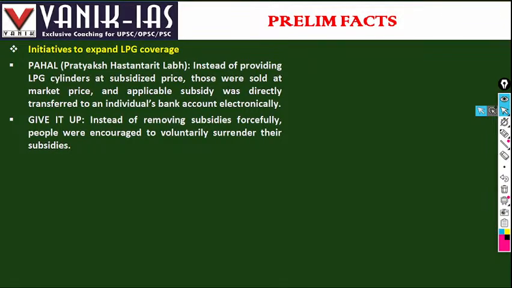That amount saved will be provided to the Ujjwala beneficiaries. So persons who can afford it are encouraged to forgo their subsidy, so that the amount can be given to the Ujjwala beneficiary.